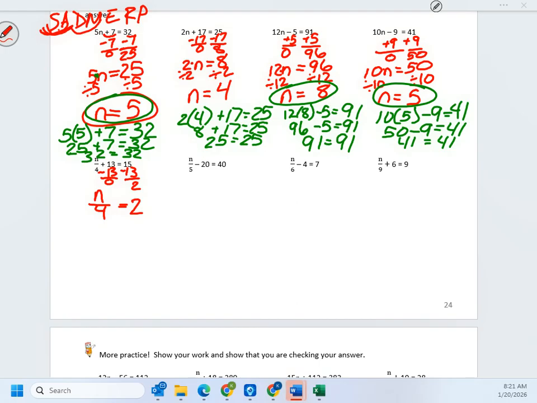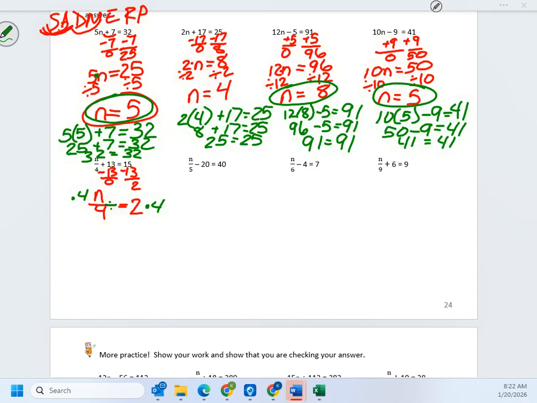Now what do I do? Think about what operation is happening when we have that fraction bar. What's the opposite that we need to do, Moses? We need to multiply. If we're dividing by 4, now we're going to multiply by 4. Because 4 times n over 4 becomes 4n over 4.